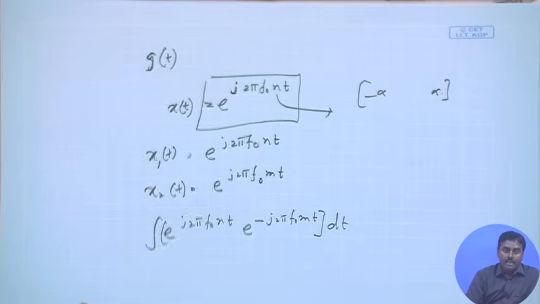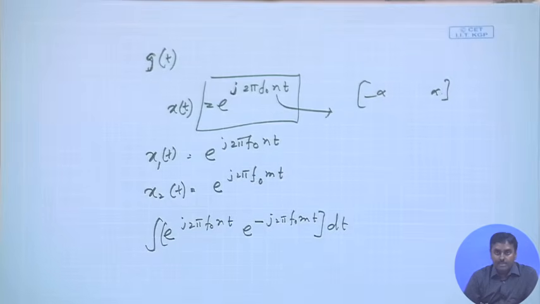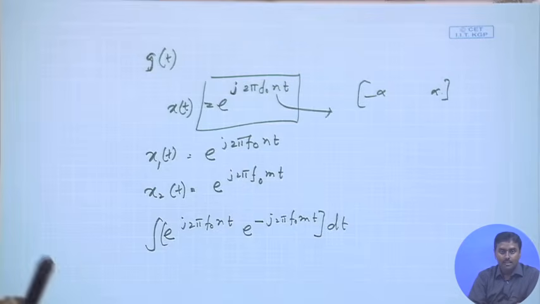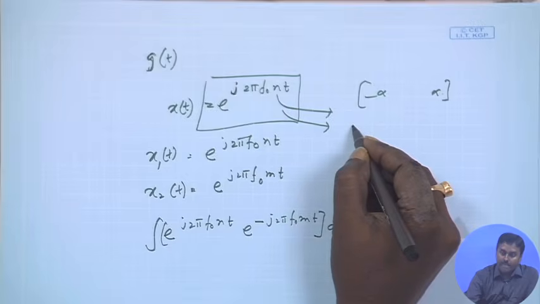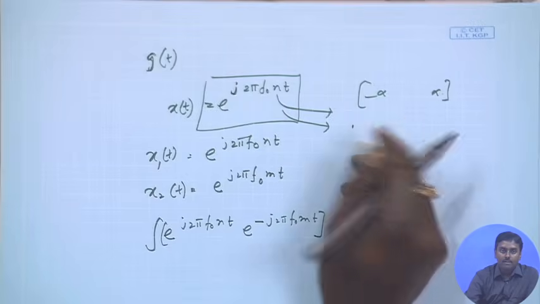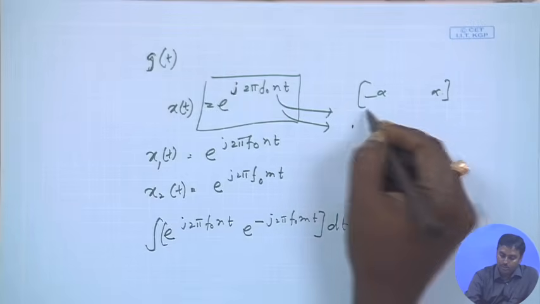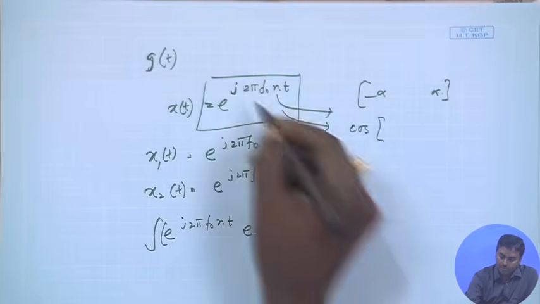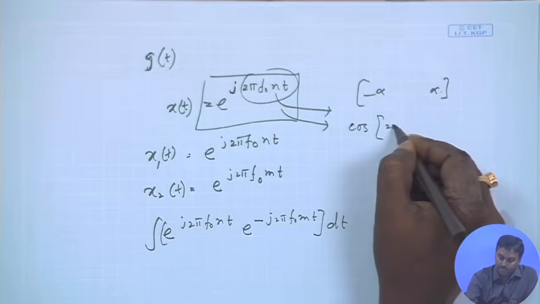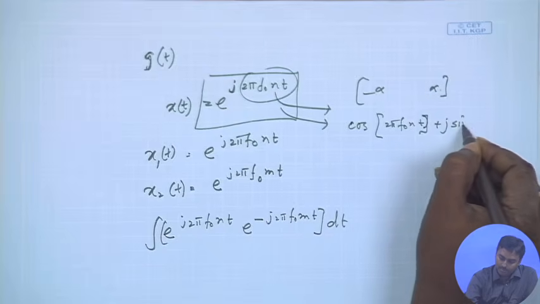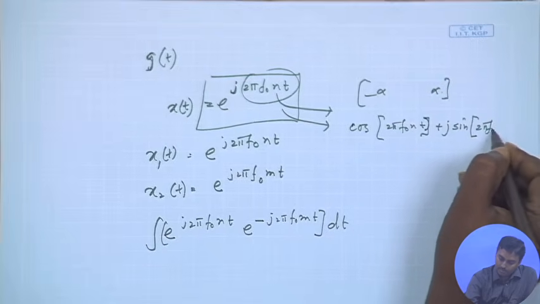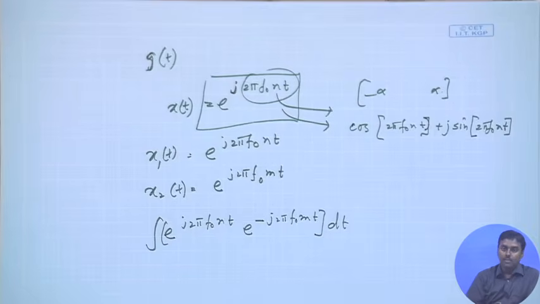If you carefully see, this is a complex signal, but it is also a periodic signal, because it can be represented as a cosinusoidal and sinusoidal: cos 2 pi f0 n t plus j sin 2 pi f0 n t.